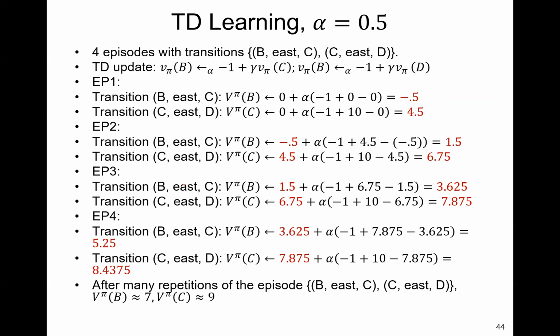You can work it out: for the first transition in the first episode, BCD, from B to C, you're bootstrapping B from C, and from C to D, you're bootstrapping C from D, and so on.